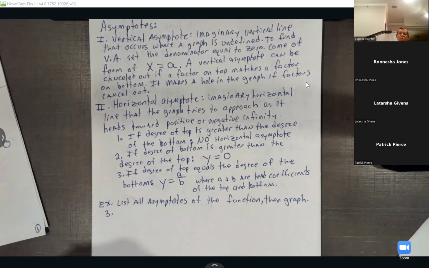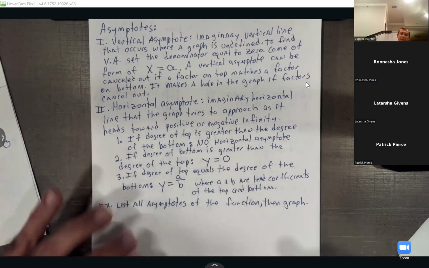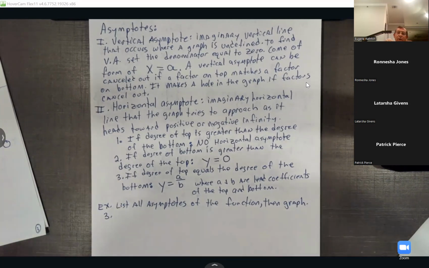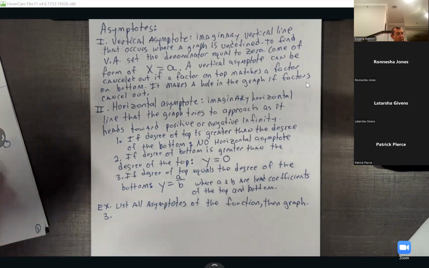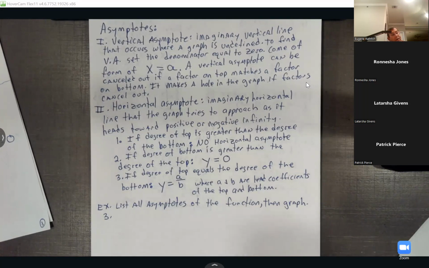Now, there's one question where they ask you for an oblique asymptote. If it asks you for an oblique, we don't really cover those. So always put there is no oblique asymptote. But there's one where they didn't take it out, and that's number 4.